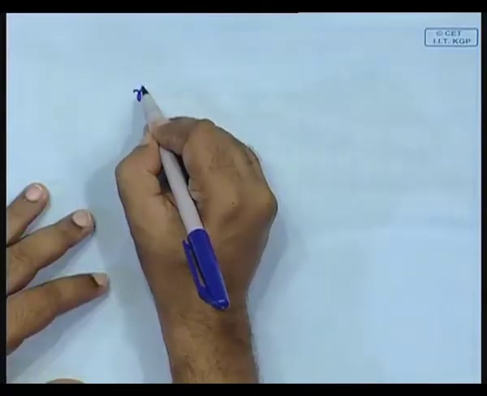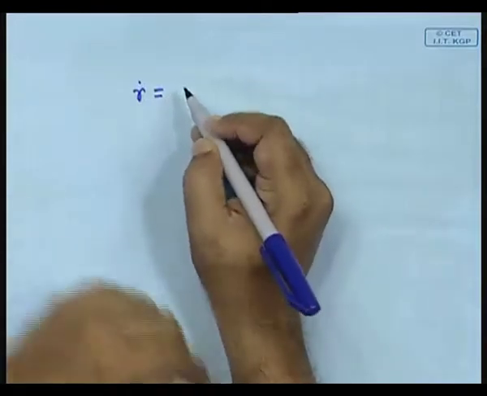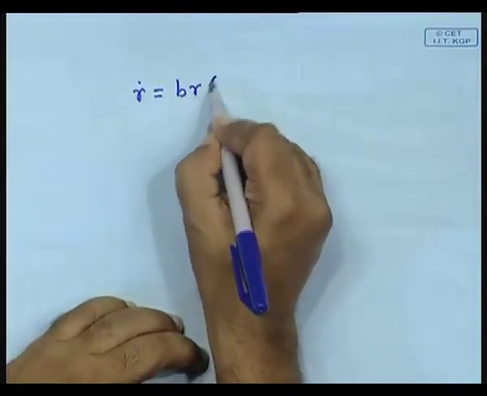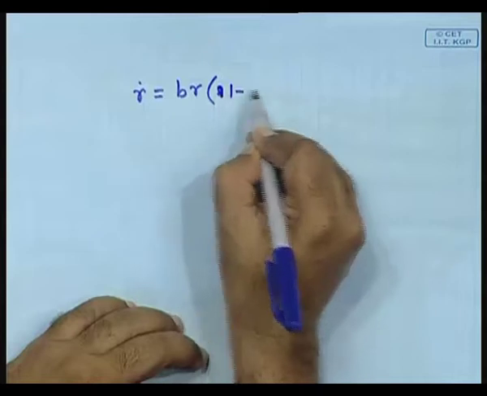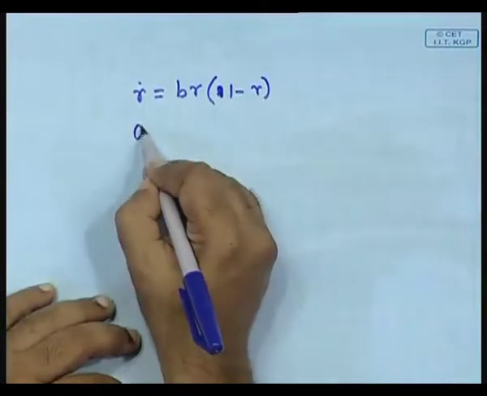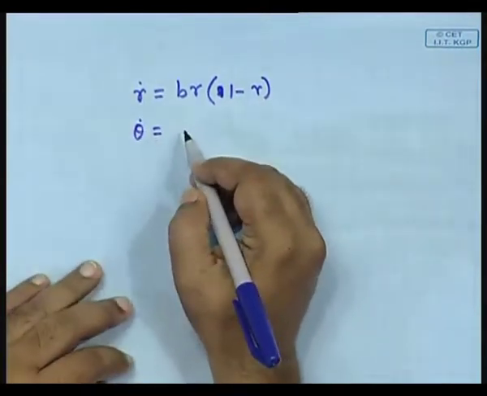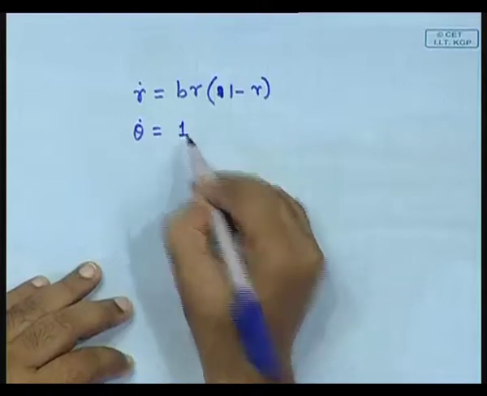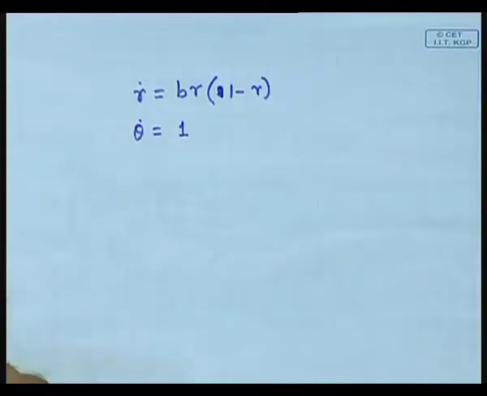Consider the set of differential equations r dot is equal to r(1 minus r) and theta dot is equal to 1. Okay. Start with this set of differential equations.